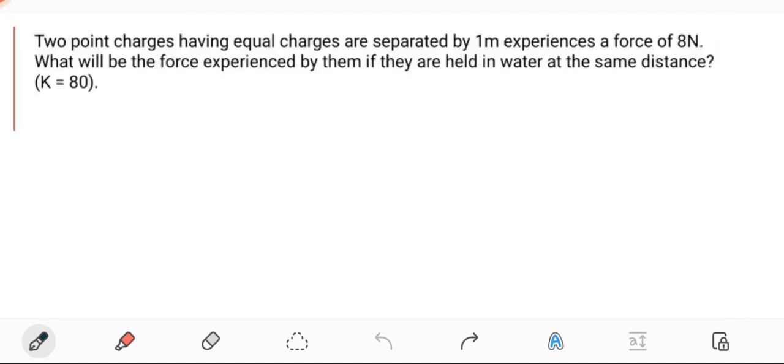The first question is on the screen, students. It says two point charges having equal charges, separated by 1 meter, experience a force of 8 Newton.